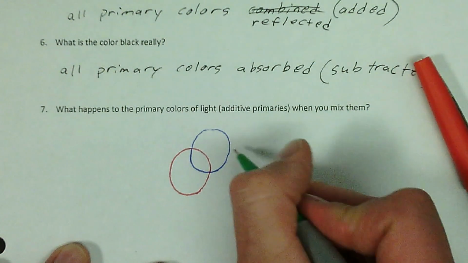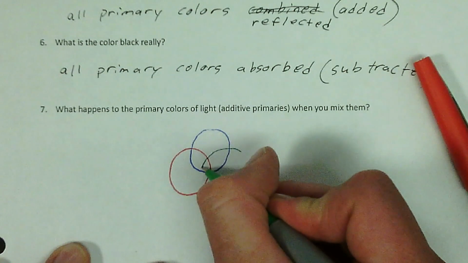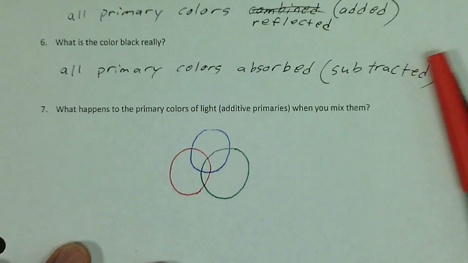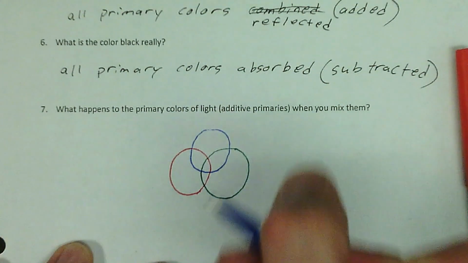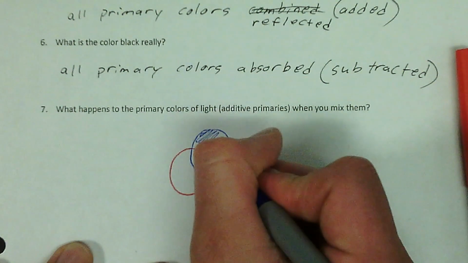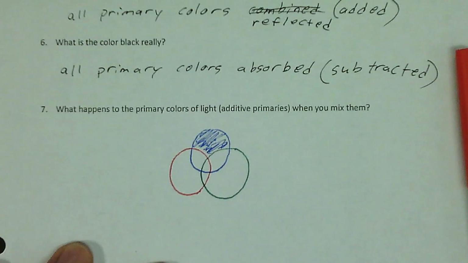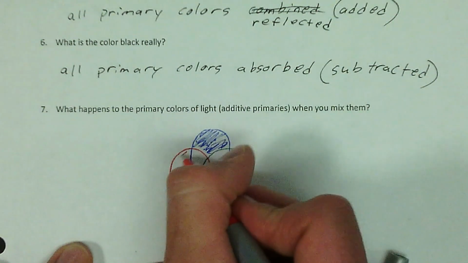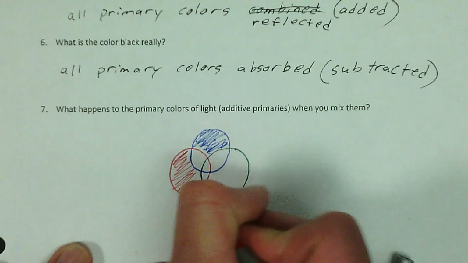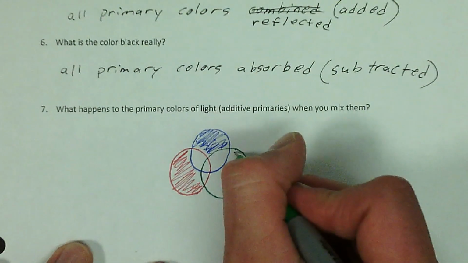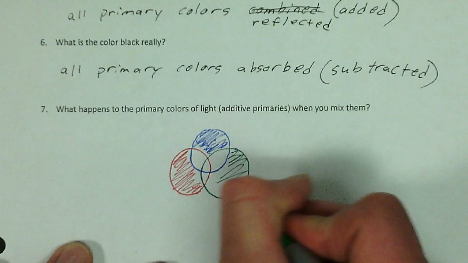And here is green. All right, so blue by itself is blue, obviously. Red by itself is red, obviously. And green by itself is green, obviously.